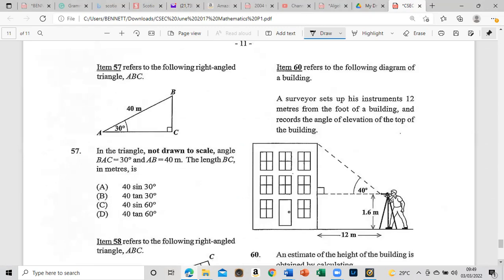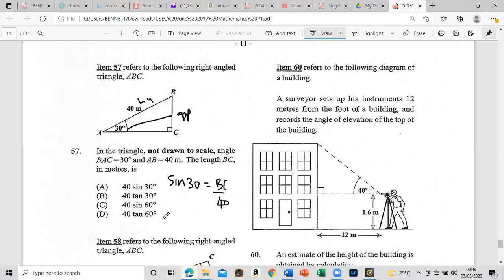Just dimension achieved. In the triangle not drawn to scale, angle BAC equals 30 and AD equals 40. Then BC in meters is... So we look at this side, that's the opposite, and I was looking from this angle at the hypotenuse. So sin 30 equals BC over 40.